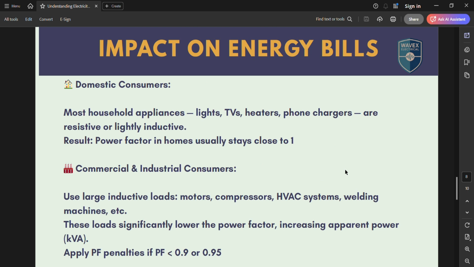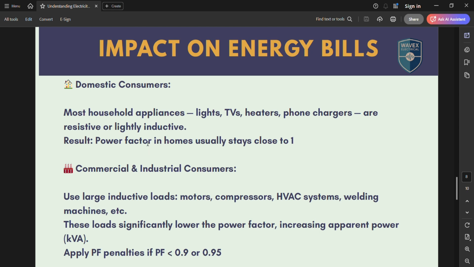Okay, so what are the impacts on energy bills? Most household appliances, domestic consumers, use what? Mostly resistive and lightly inductive loads, like lights, TVs, heaters, phone chargers. So these loads are very much resistive, not inductive.